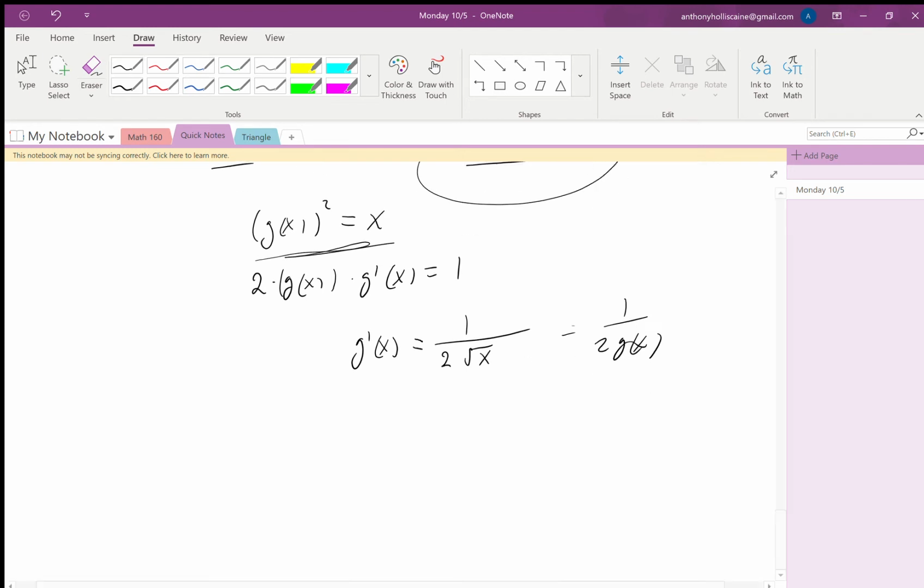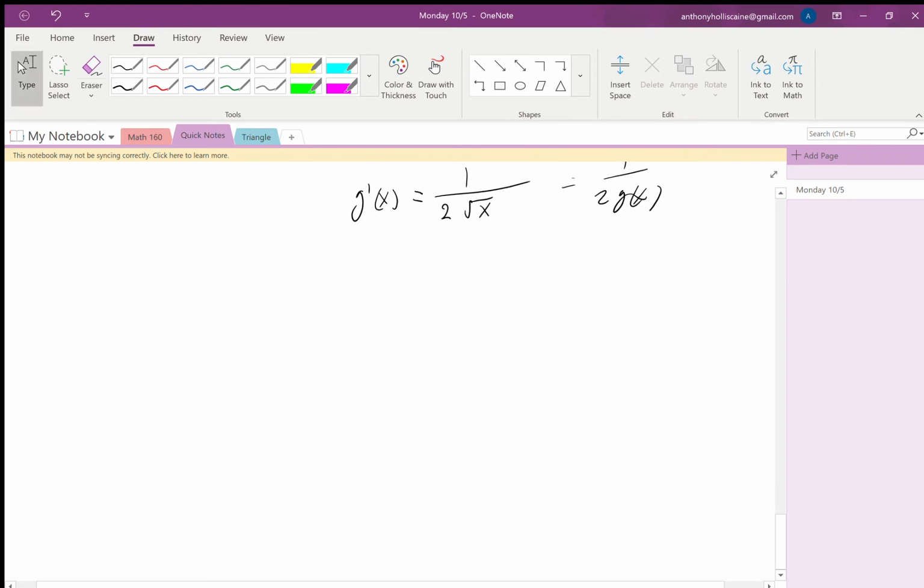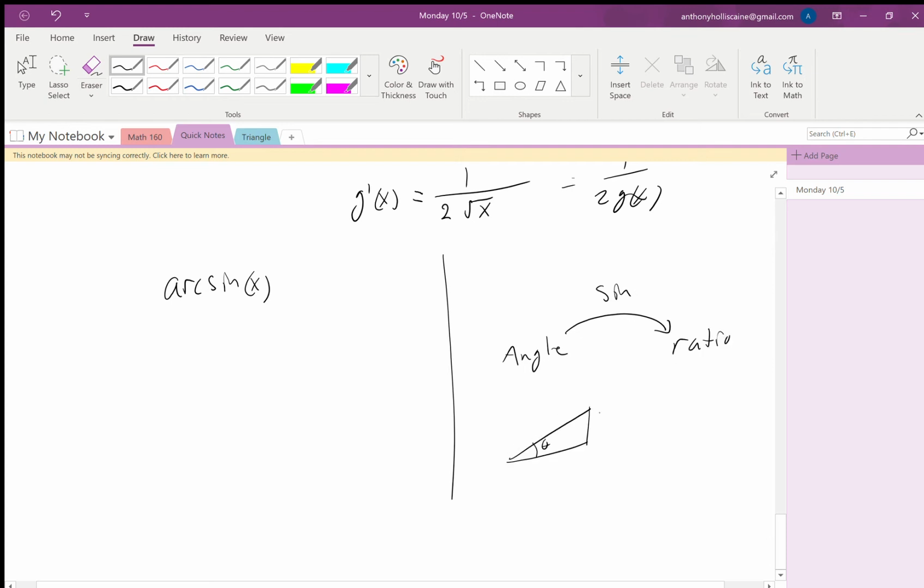Let's try this with some trig stuff. Arc sine of x. This is the inverse function of sine. Let's do a quick little trig thing. If you have an angle, then sine of that angle will spit out a ratio, right? It's opposite over hypotenuse. Arc sine, you start with a ratio, and it tells you an angle that gives you that ratio.